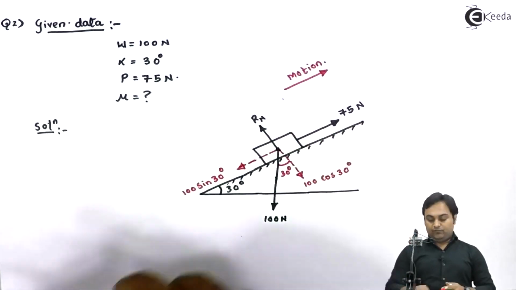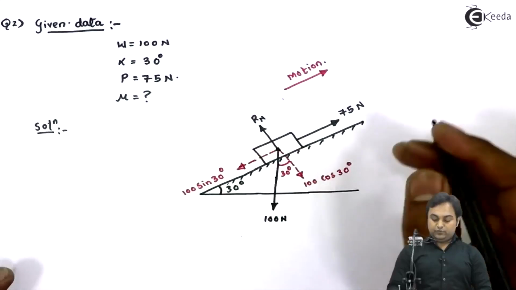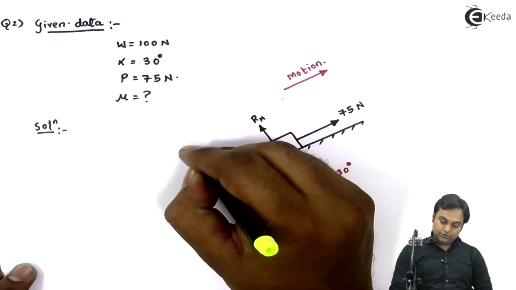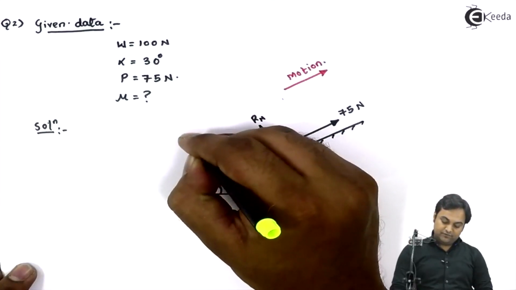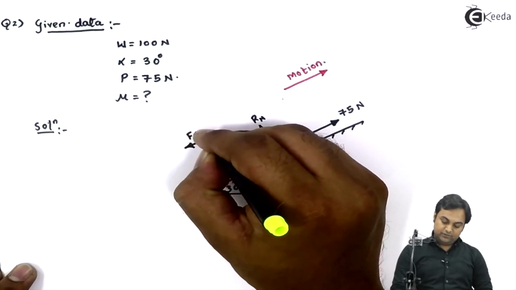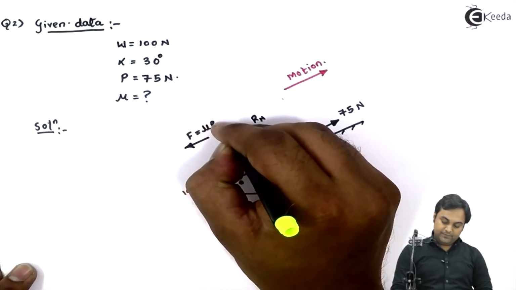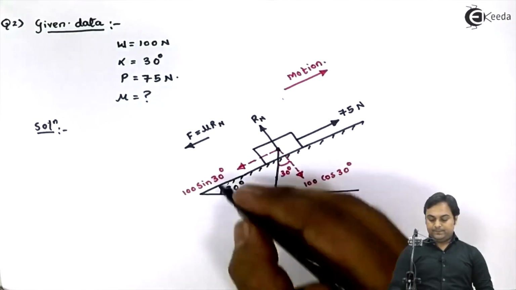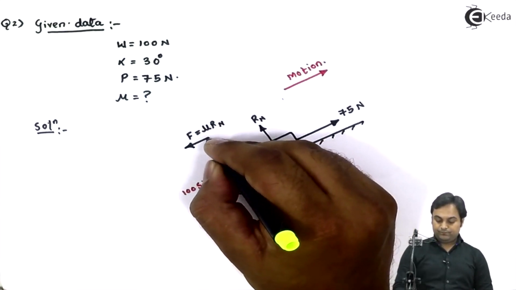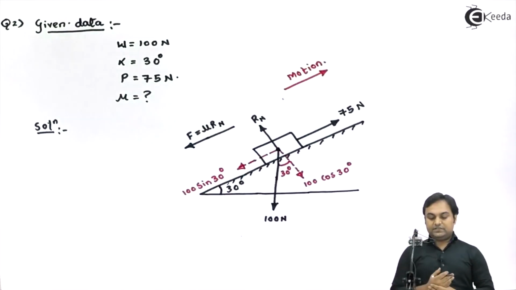As motion is upward, we know that friction force would be opposite to motion. So here frictional force F is equal to mu Rn will be in the downward direction. Now these are the forces which are acting on the block.